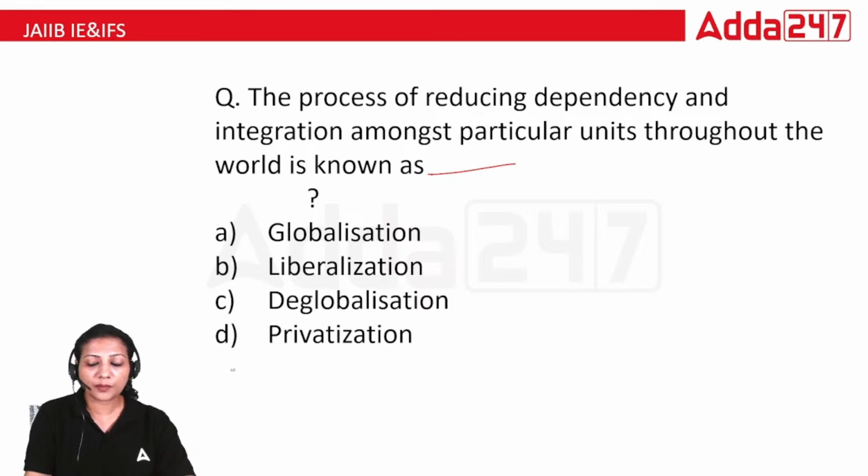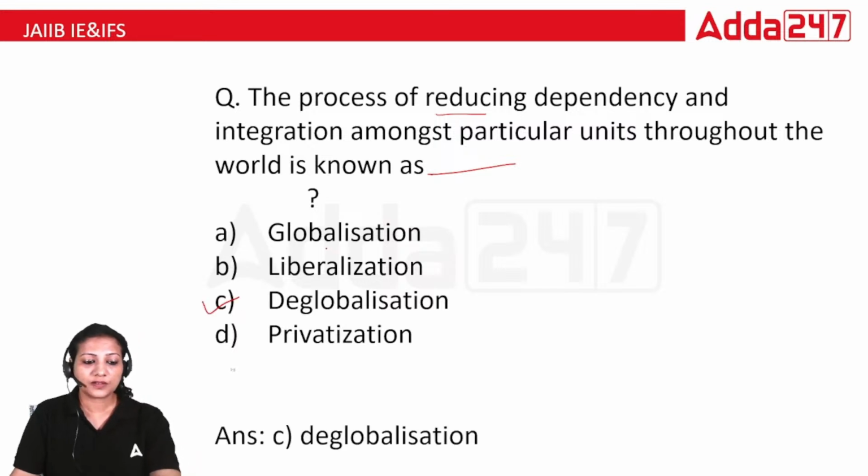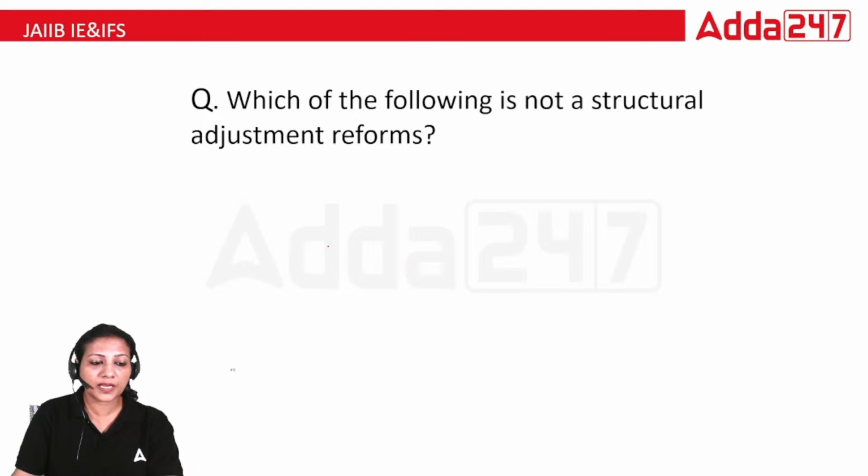Options are globalization, liberalization, deglobalization, or privatization. When we are talking about increasing the dependency and integration, then we call it globalization. But when we are reducing dependency and integration, then this would be deglobalization. So the right answer is C, deglobalization.